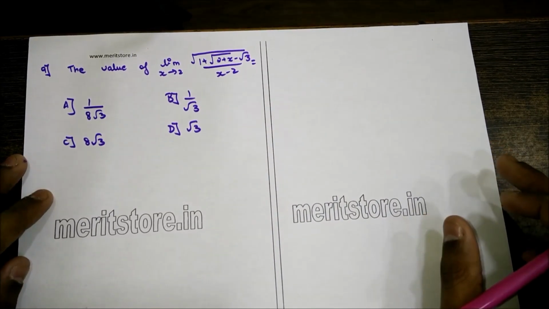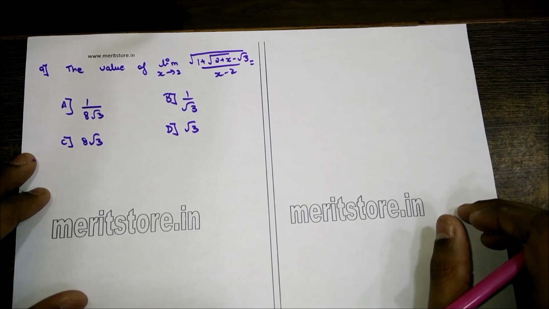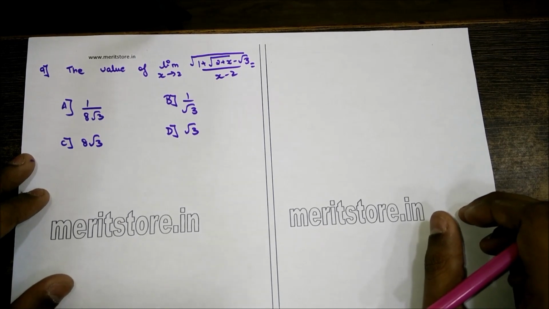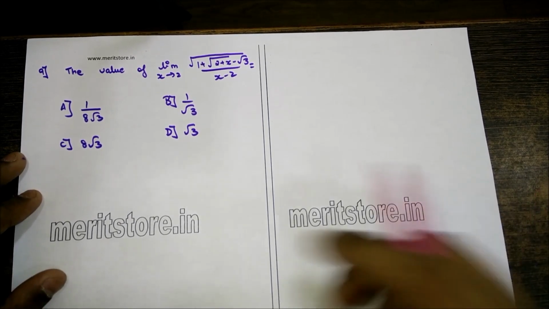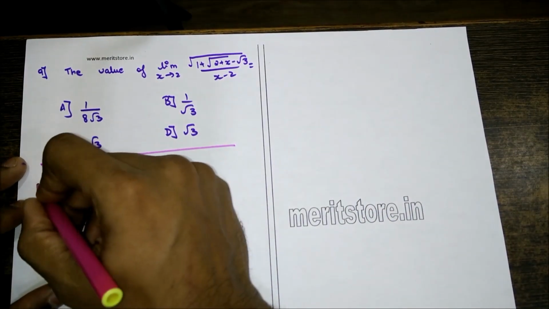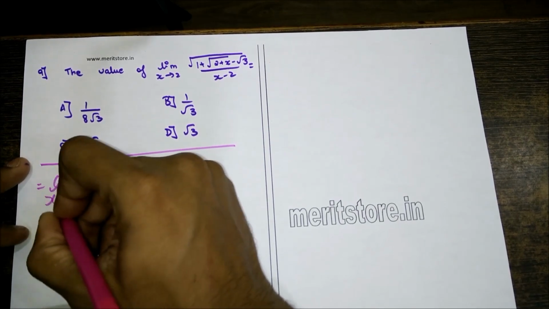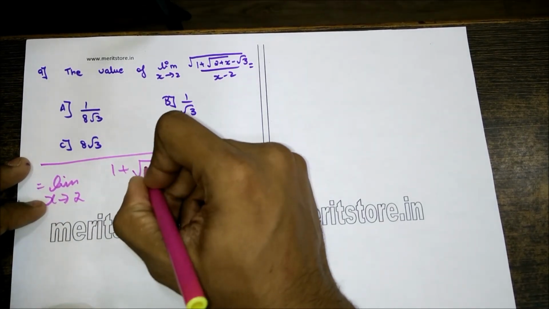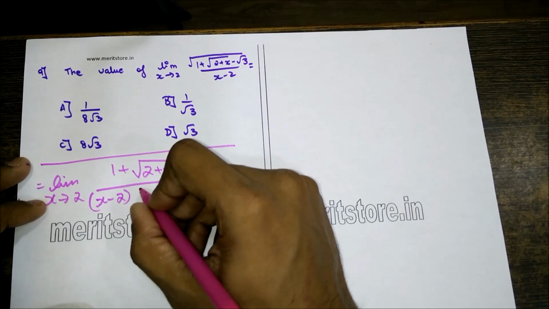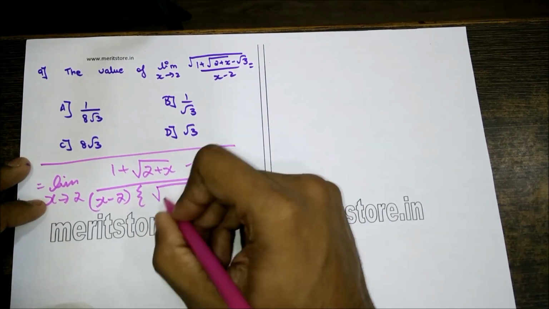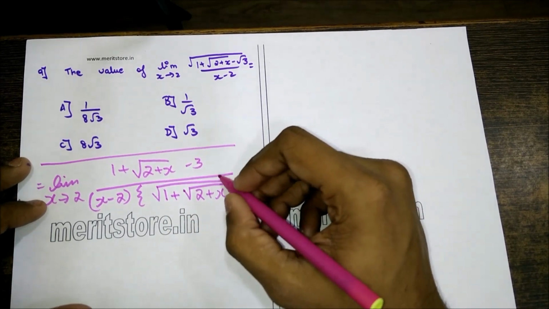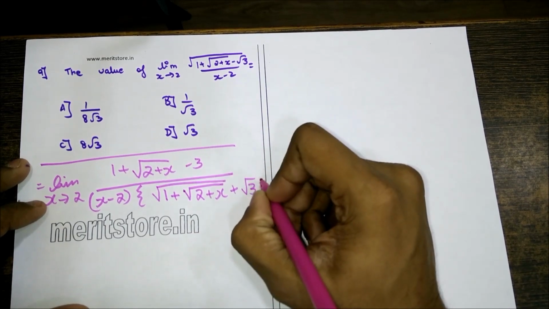The value of limit x tends to 2 root of 1 plus root of 2 plus x minus root 3 upon x minus 2 equals: a 1 by 8 root 3, b 1 by root 3, c 8 root 3, or d only root 3. So first we could write the numerator as limit of x tends to 2 1 plus root of 2 plus x minus 3 upon x minus 2 into root of 1 plus root of 2 plus x plus root 3.